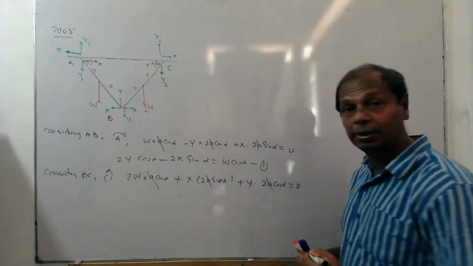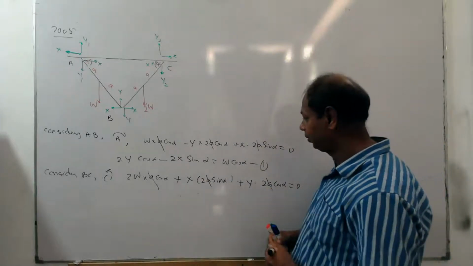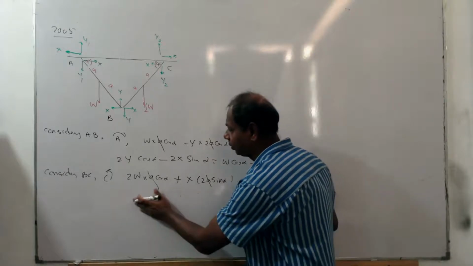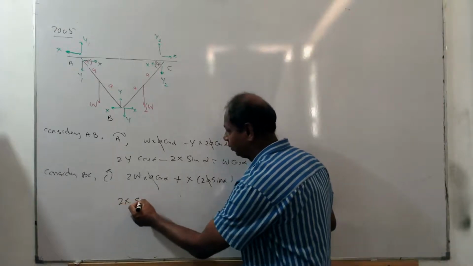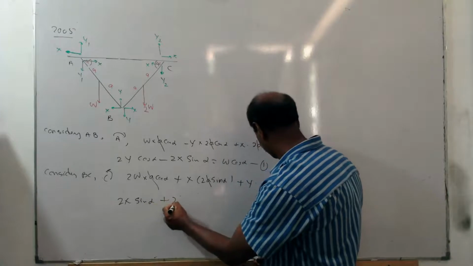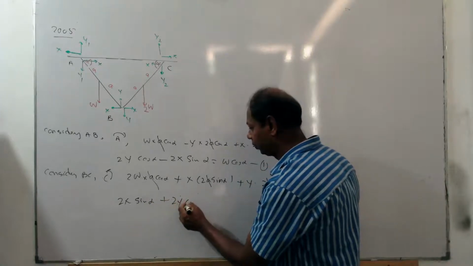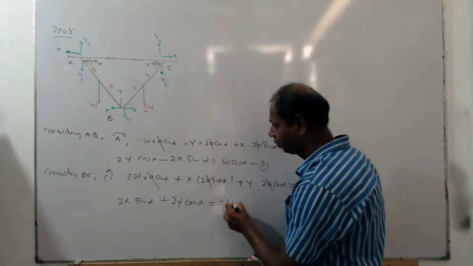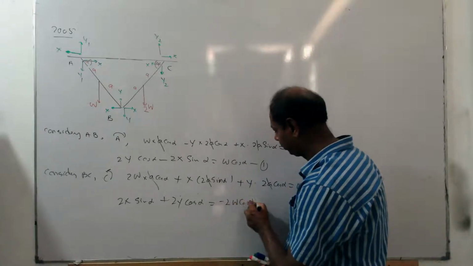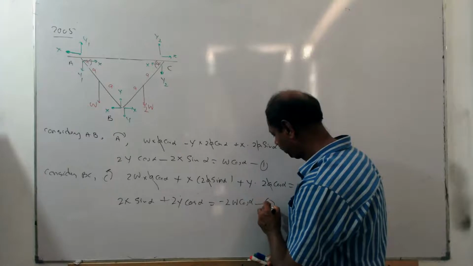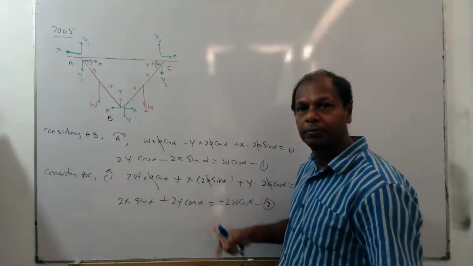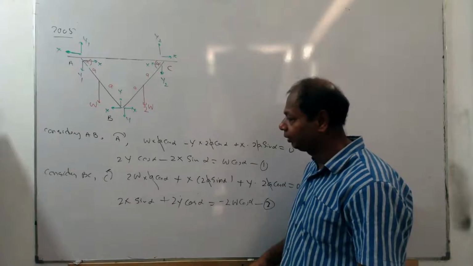So you get another equation: 2x sin alpha plus 2y cos alpha equals minus 2W cos alpha. Equation number 2. When you solve them, you can find x and y.